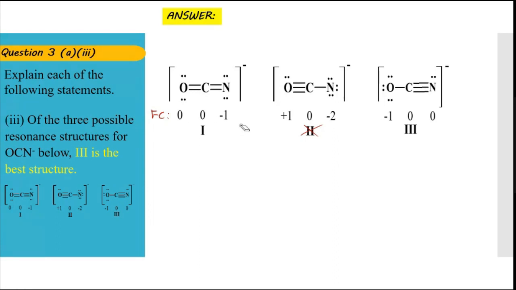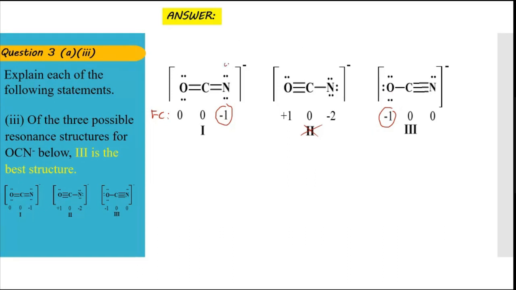So when you have the same formal charges, what you need to do is to look at the negative formal charge, where it resides, where it is located. For the first structure, minus 1 on nitrogen. This one, minus 1 on oxygen.